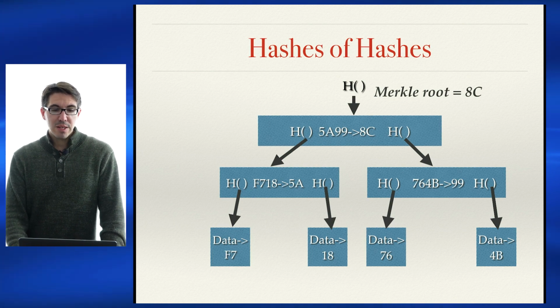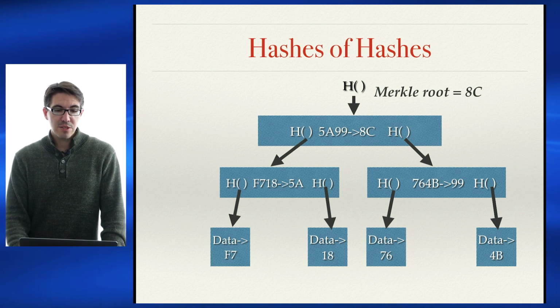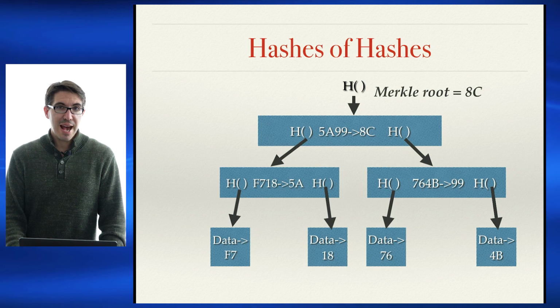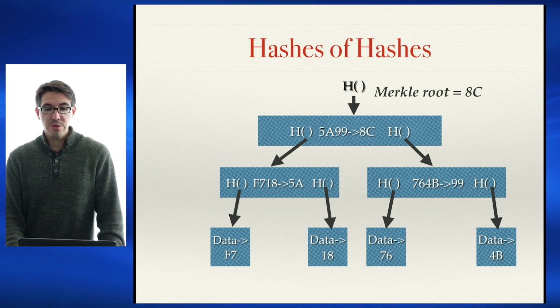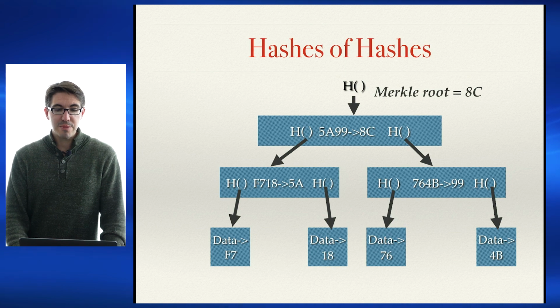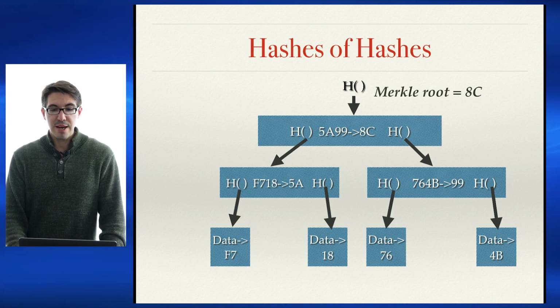I now can make a tree out of this. And so F7 and 18, those 2 nodes, I will take their hash values, concatenate them together, and hash that to get 5A. For 76 and 4B, I take the hash values for those 2 nodes, I concatenate them together, and I get the hash value 99.